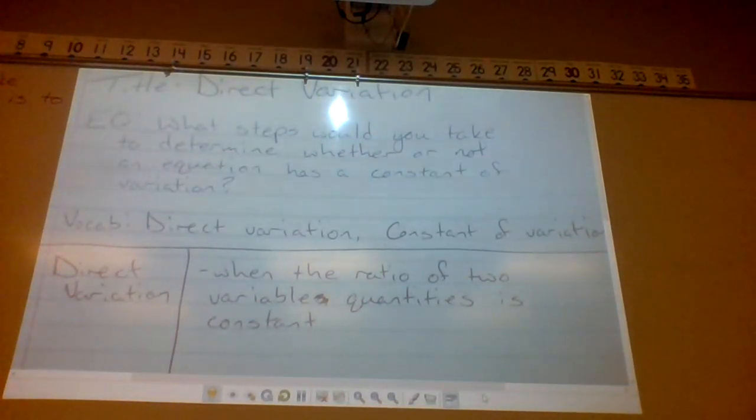What that means is when the ratio of the two variables is constant, every single XY pair, when you put Y over X, or Y divided by X, will always equal the same number.